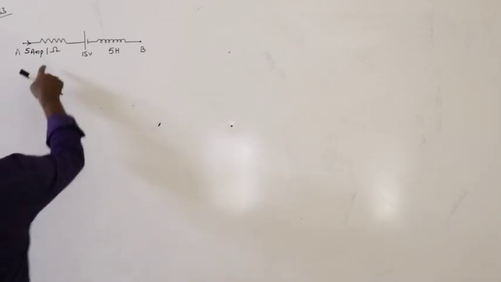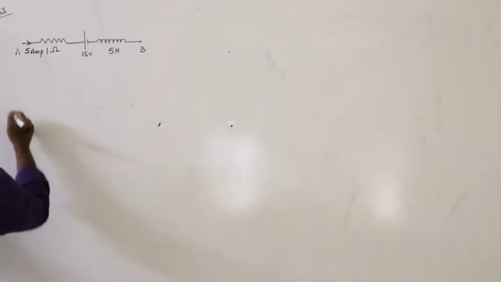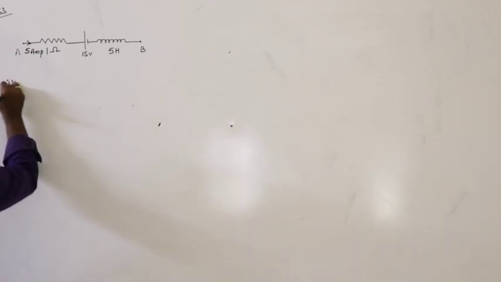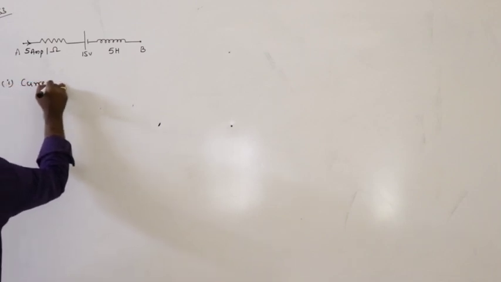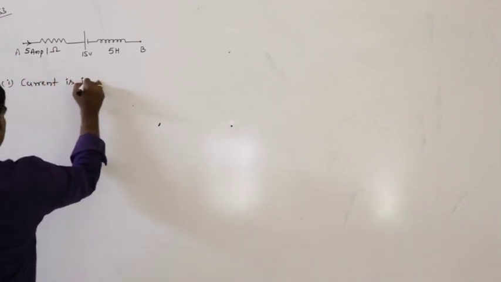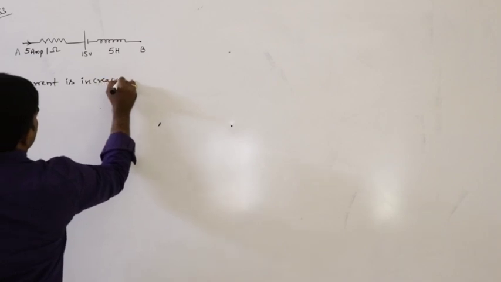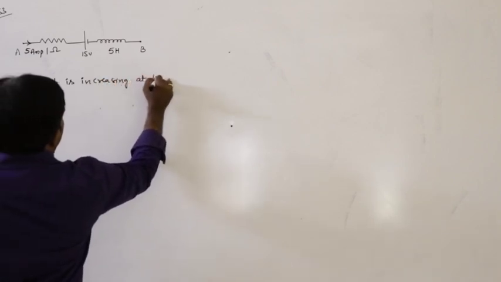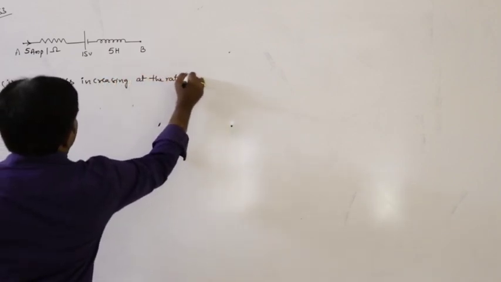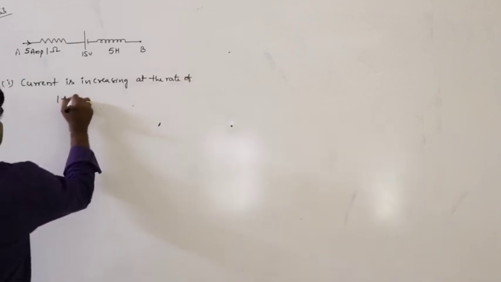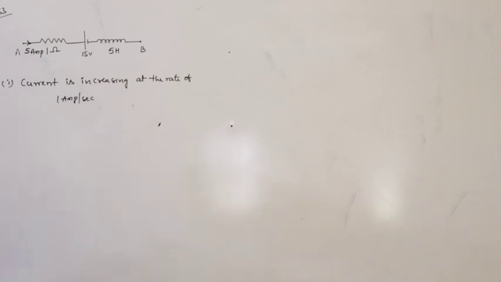So for example, the first case is the current is increasing at the rate of 1 ampere per second. Now in this situation, if the current increases, it means the induced EMF must be in the opposite direction.